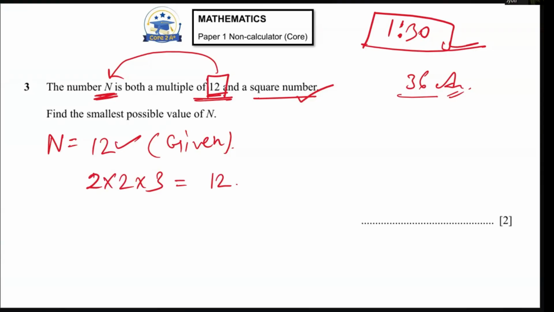You know very well, for a square number we need pairs of numbers. Here we already have a pair of 2s, but 3 is alone. So by what number should I multiply? Think about it, this is very easy. What number should I take with 3? Obviously 3, right?